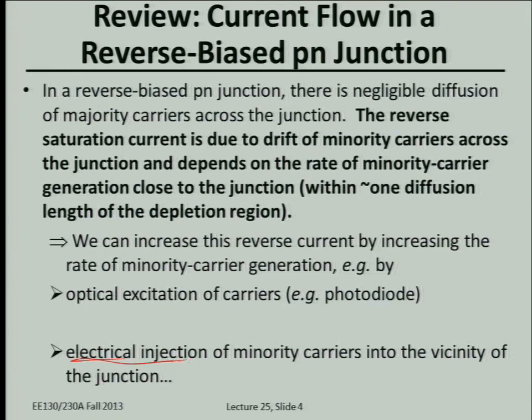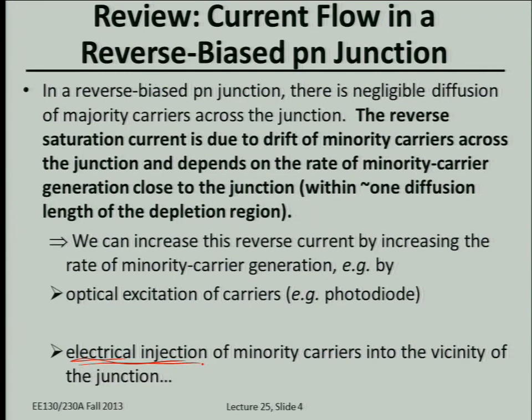Instead of using light to create minority carriers within a diffusion length of the depletion region, we just forward bias a PN junction and inject minority carriers into the base. And that's it. So qualitatively, how will the reverse bias current of the collector junction depend on the forward bias voltage on the emitter junction?